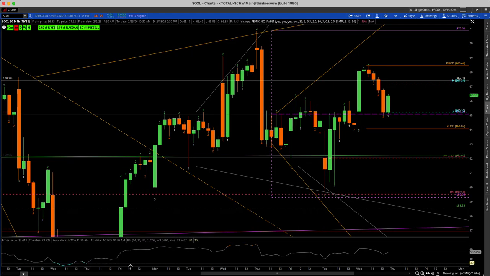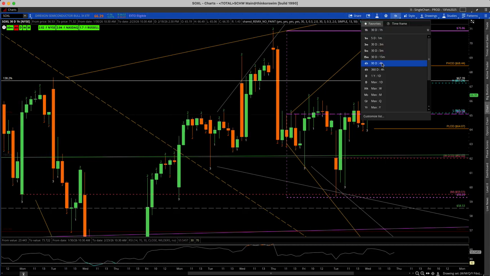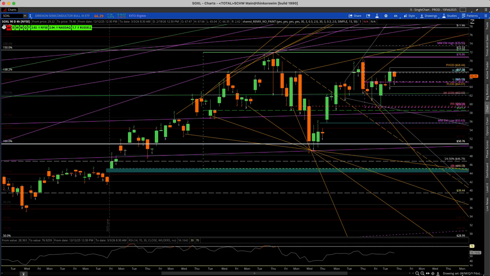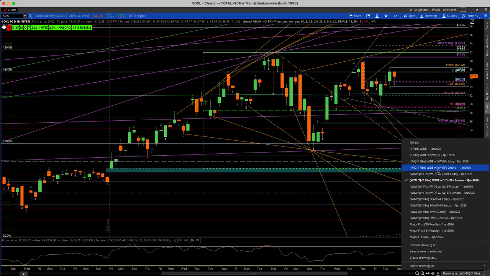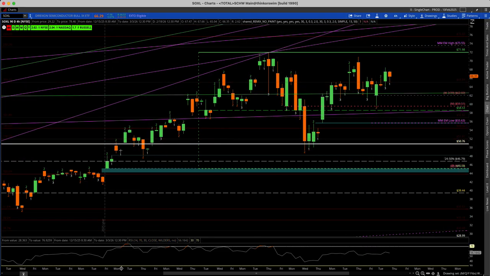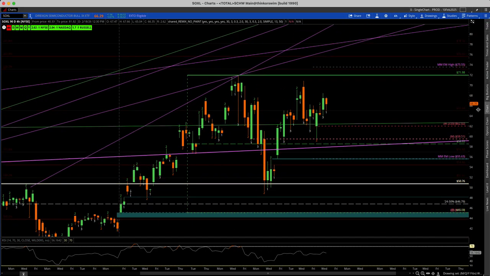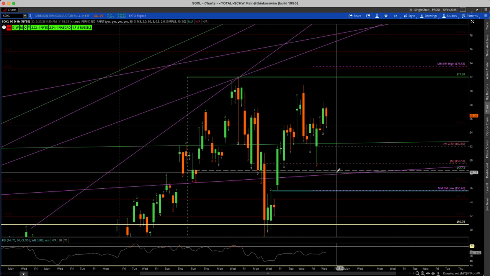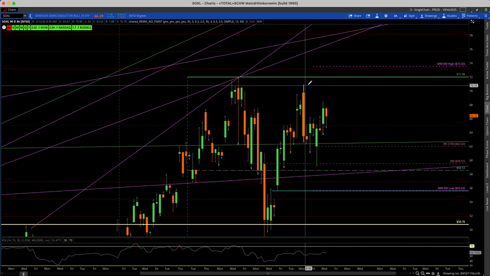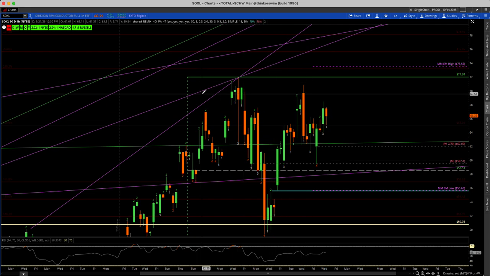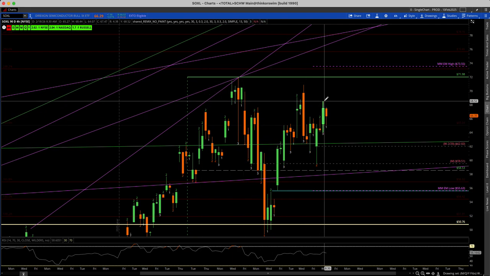But what I will point out, let's actually zoom out to the 4 hour to show this a little bit better. Let's get a better chart out here, and we can see we're really just in this range still. So if we look at 58, 59 to 70, 71 as the range, really not even 71, just 70, 69, excuse me, let's make a horizontal level, right?